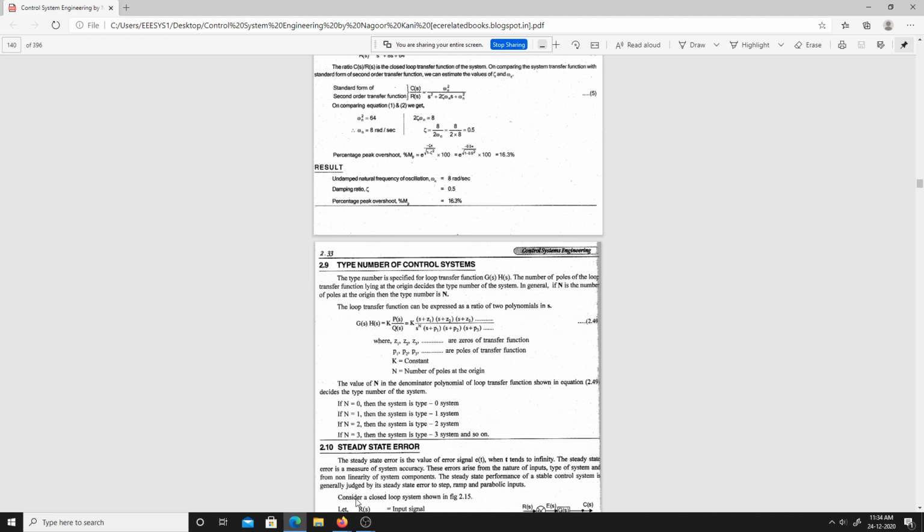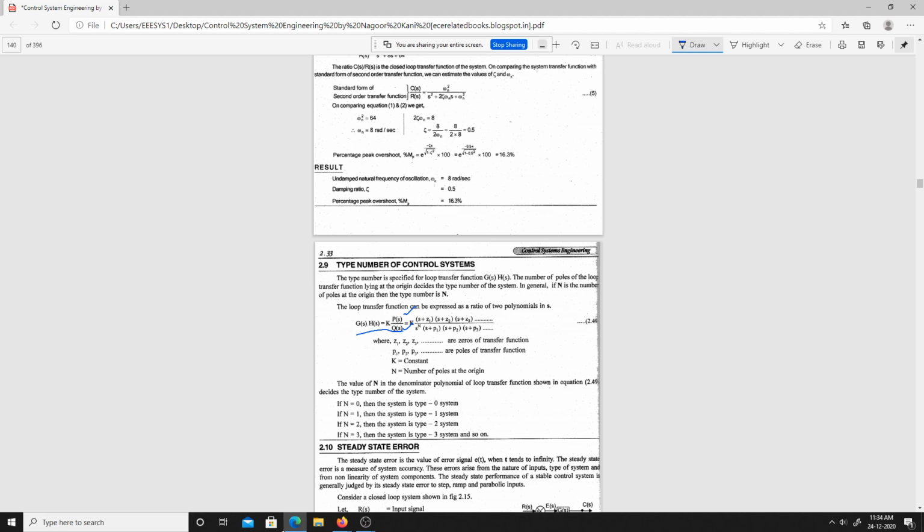Now suppose I have a transfer function which is expressed as a ratio of two polynomials. Is it clear? A loop transfer function which can be expressed as a ratio of two polynomials in the s domain, G(s) and H(s). Here, G(s)H(s) equals K times P(s) by Q(s), numerator polynomial by denominator polynomial.